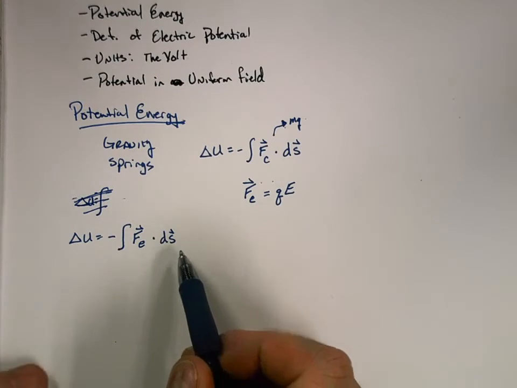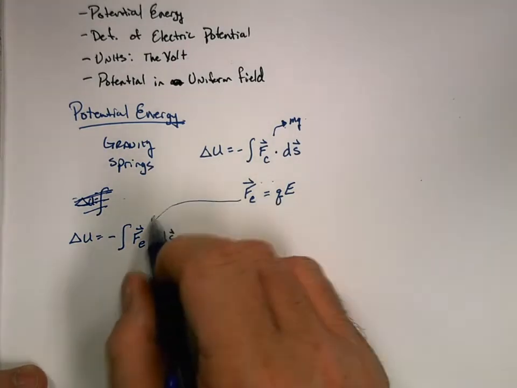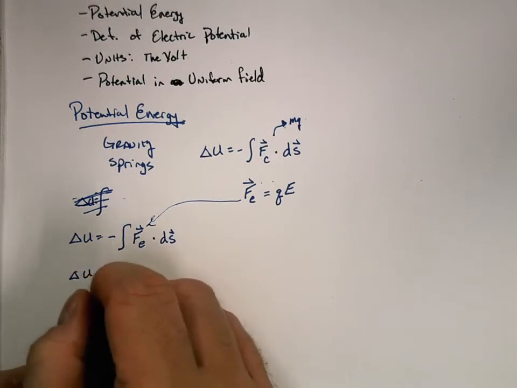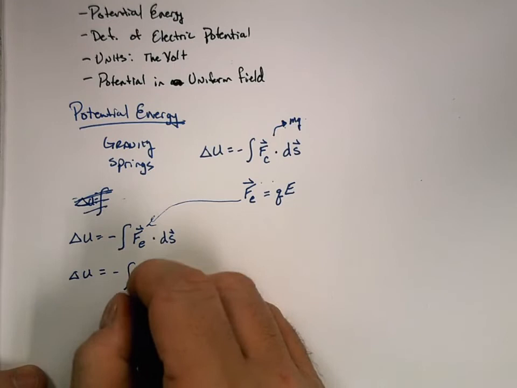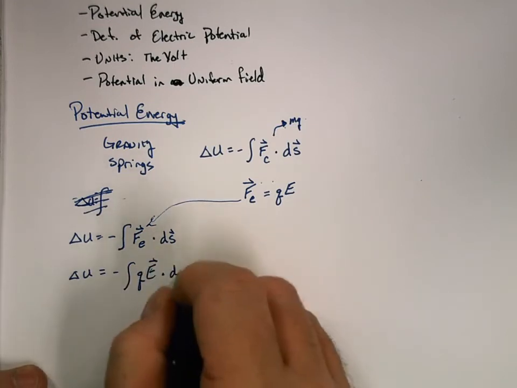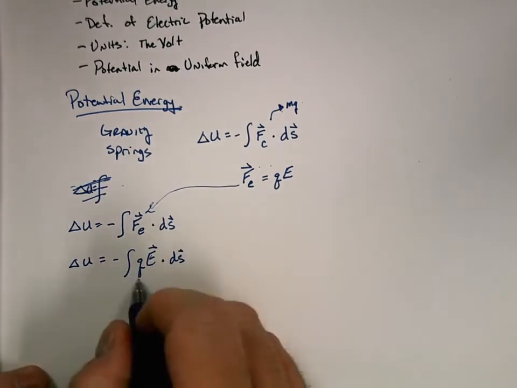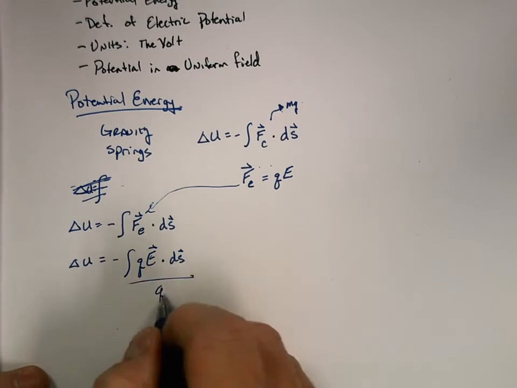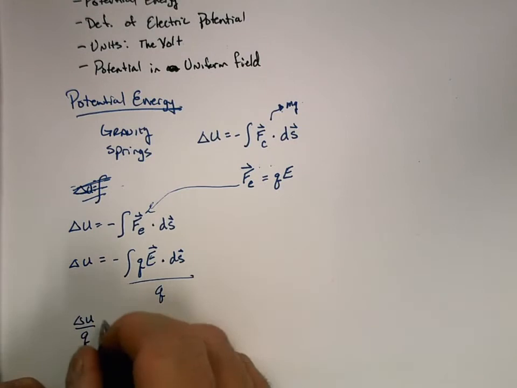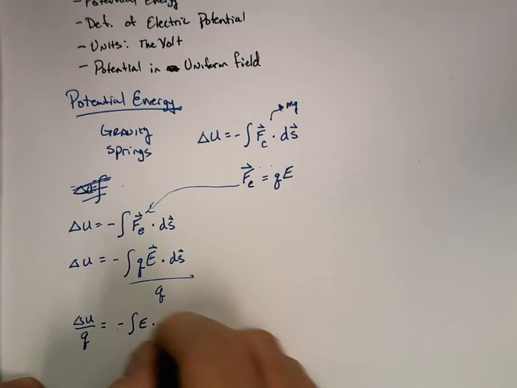It's exactly the same equation, but we can throw this in here, and we get delta U equals negative integral of qE dot ds. But q is our test charge, and if we divide our potential energy by q, we get negative integral of E dot ds.